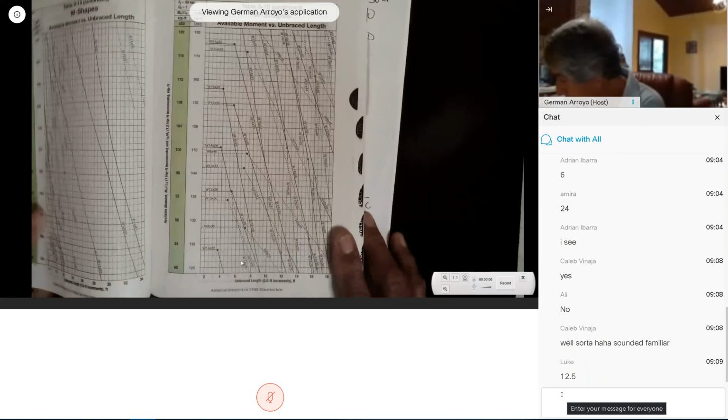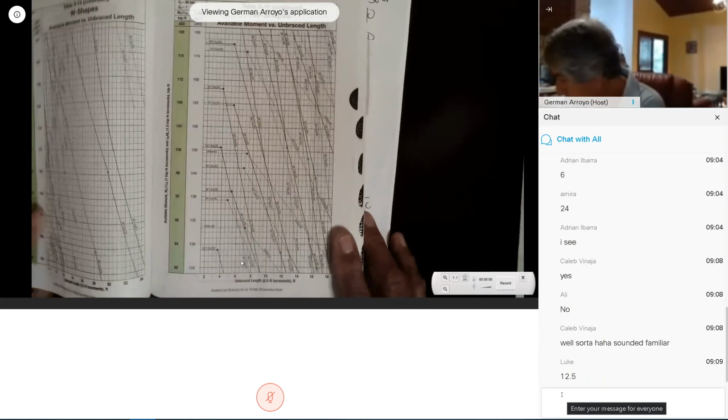Of course, all of these sections are compact, but you need to check b over 2 times the thickness of the flange, h over tw. So there's no problem with local capacity. This is what is new. This is what is completely new.